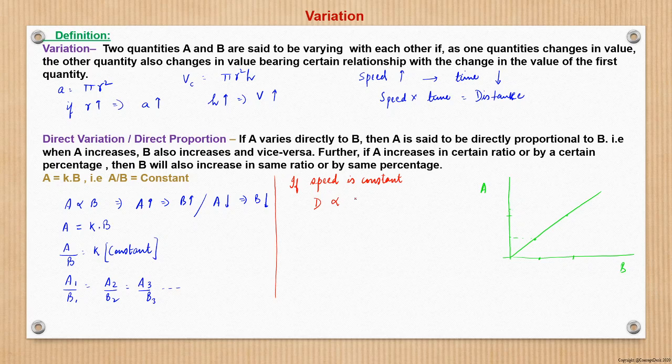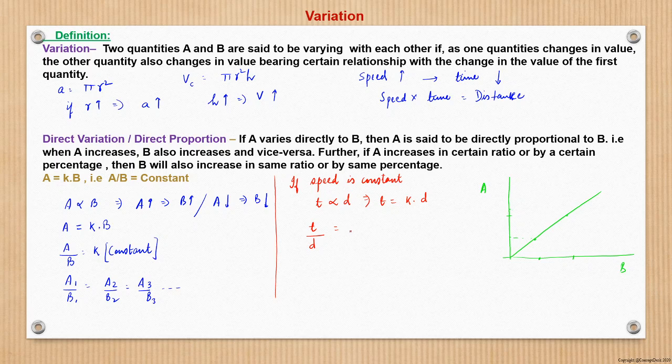Distance covered is directly proportional to the time, or vice versa, we can say that the time taken is directly proportional to the distance to be covered. So this means that the more the distance covered, the more the time will be taken if the speed is constant. So here I can write this as t by d is constant. This I can replace as t is equal to some constant times d, right?